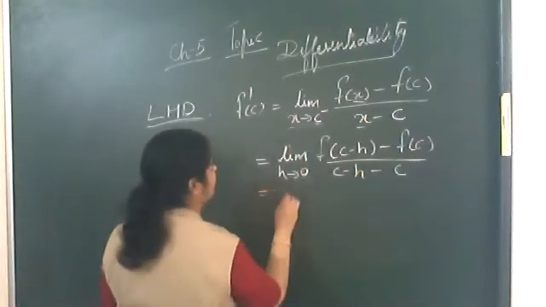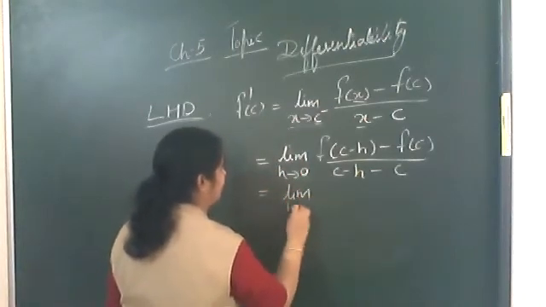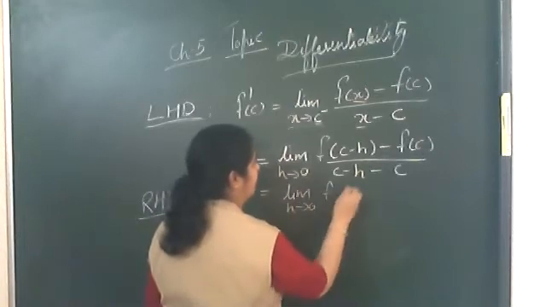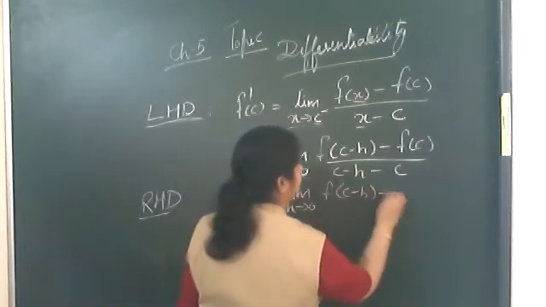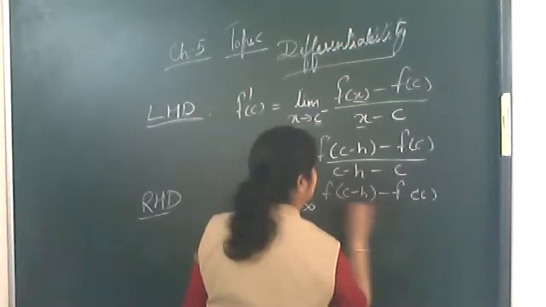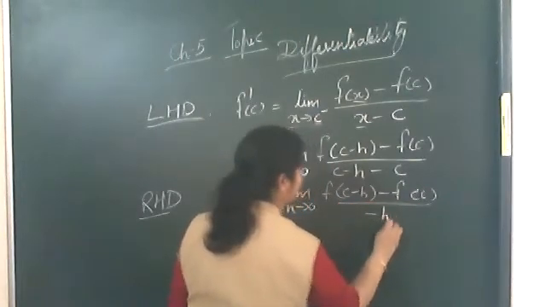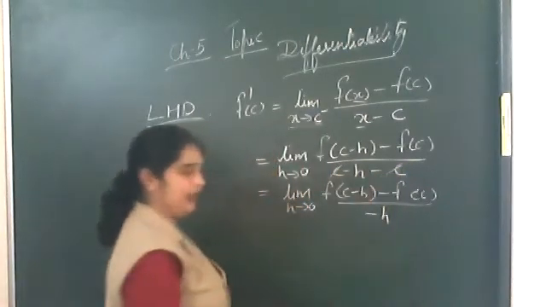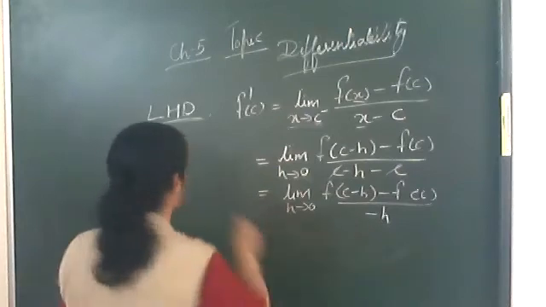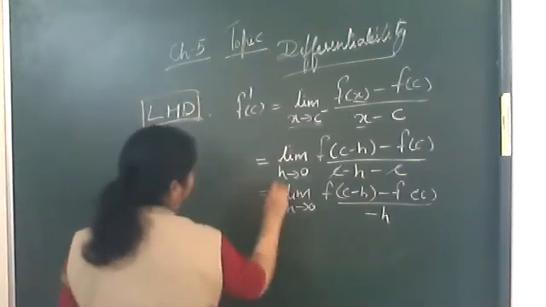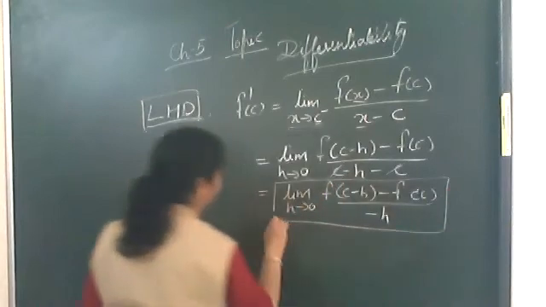So this will be equal to limit h tending to 0, f of c minus h minus f of c upon minus h. This c will get cancelled with c, so we'll get minus h. This is your left hand derivative.